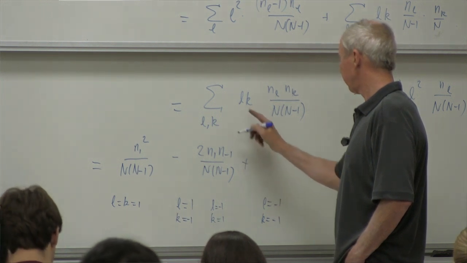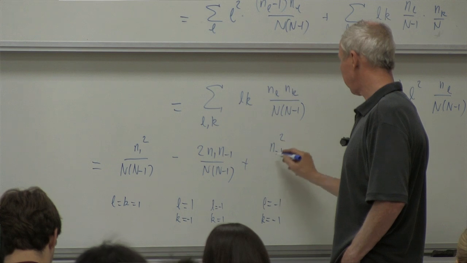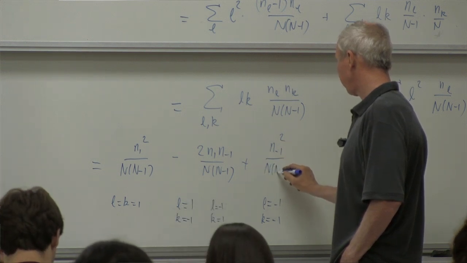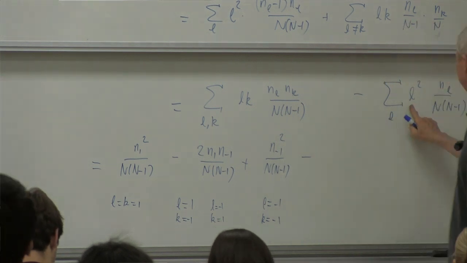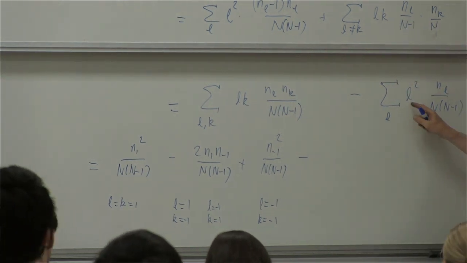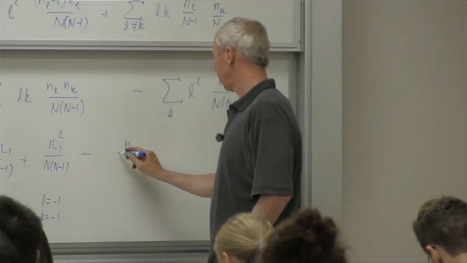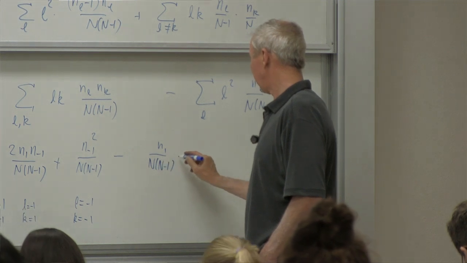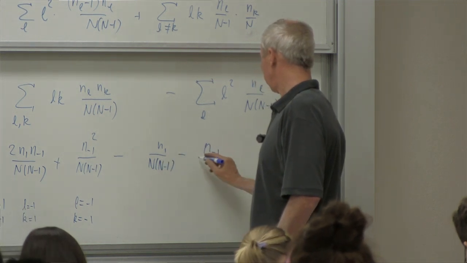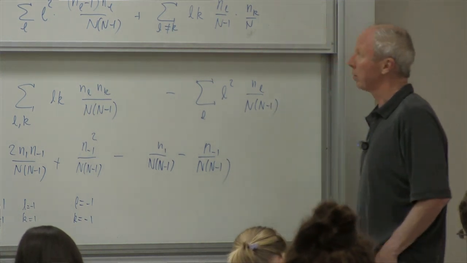In that case, minus 1 times minus 1 would be 1, and then you get n minus 1 squared over capital N times N minus 1. And then here we get two terms, one where this is 1 and one where this is minus 1. So we get minus n1, and both times this is 1. So there's the expected value of xi xj.